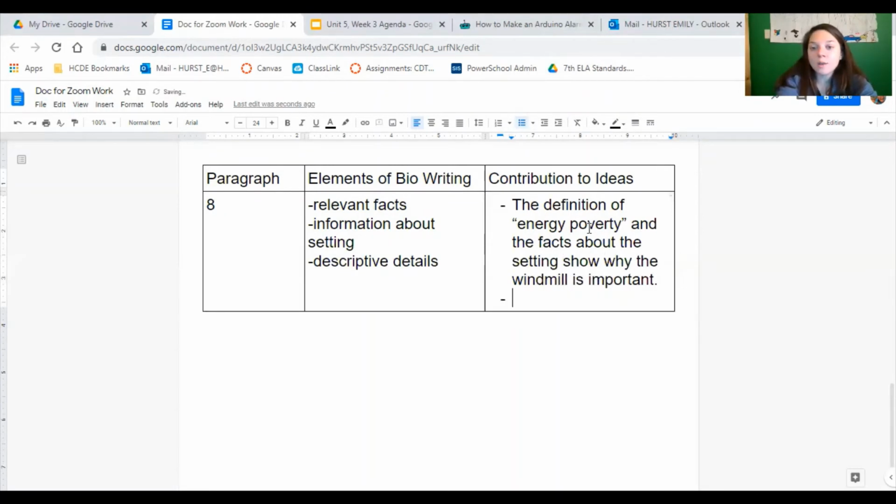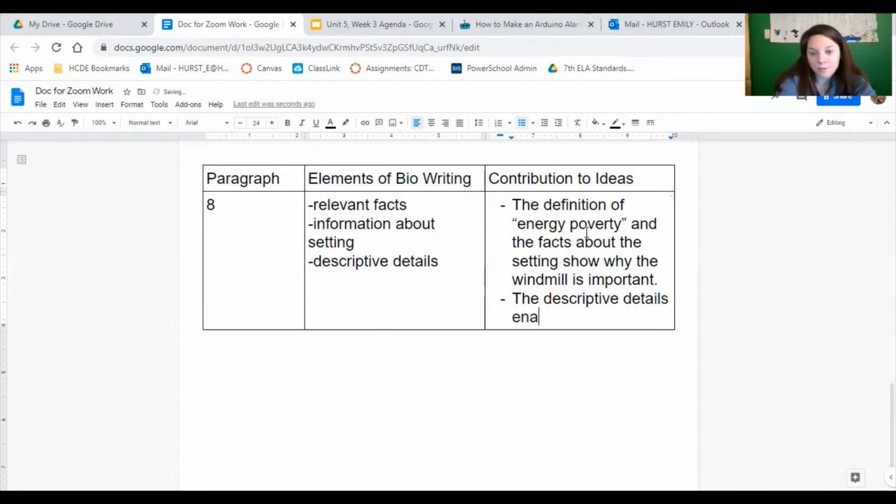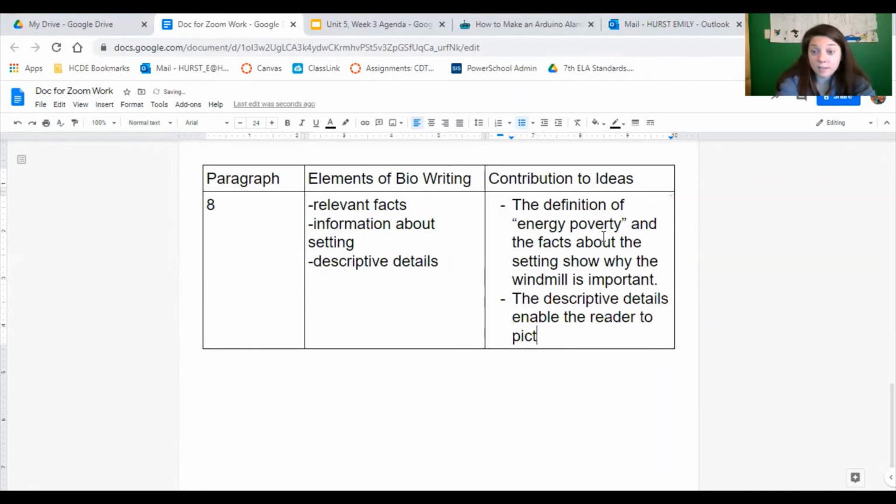If we didn't know why the windmill was important, we wouldn't care to read this. So that's a really important development of ideas. Also, most of us have never been to Malawi, so the descriptive details really enable the reader to picture the setting, right? Because we haven't seen Malawi before.